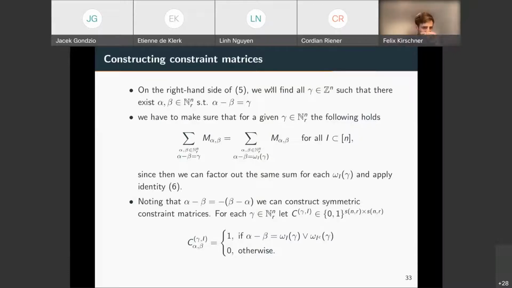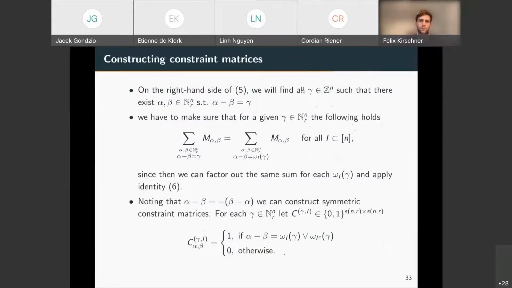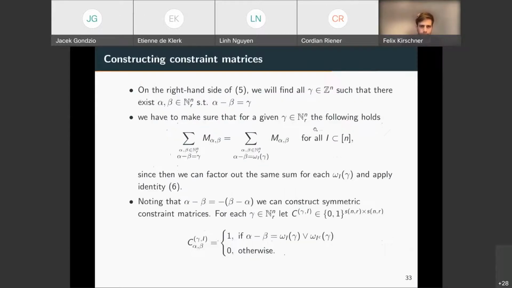So on the right-hand side of equation 5, we will find all gamma in Z to the n such that we have alpha and beta in N to the n sub r such that alpha minus beta is gamma. Here we will get vectors with negative components. But recalling the trigonometric identity I showed you, we have to make sure that for every gamma in N to the n sub r, the following holds.